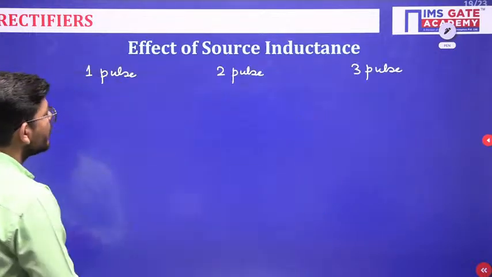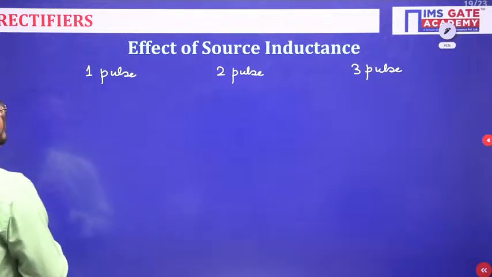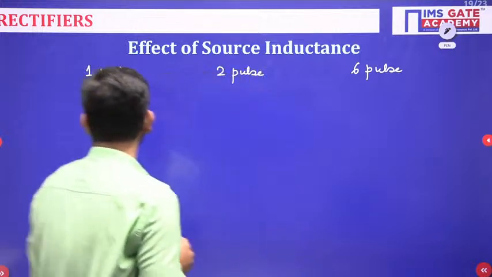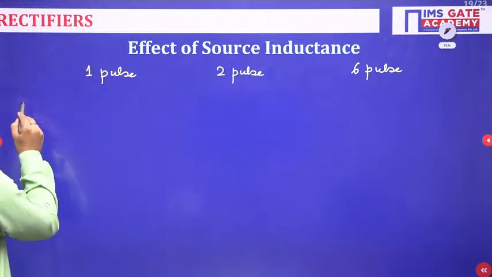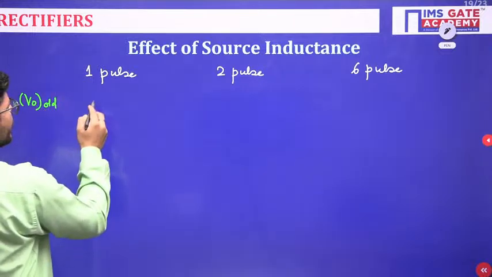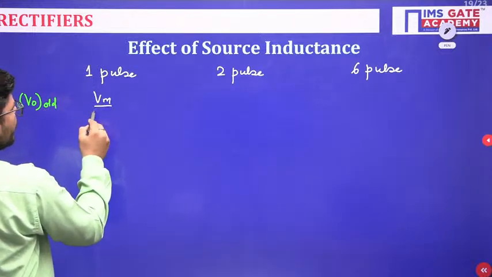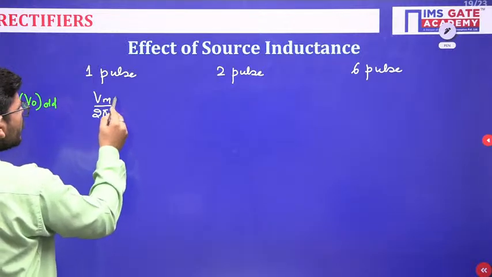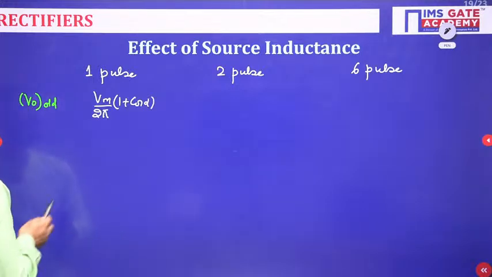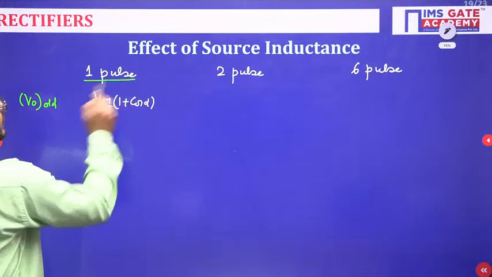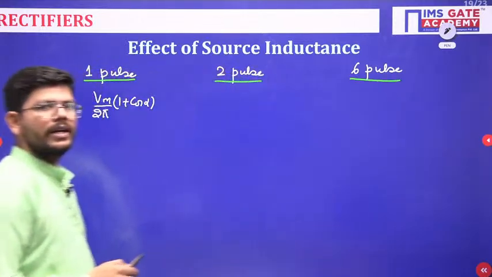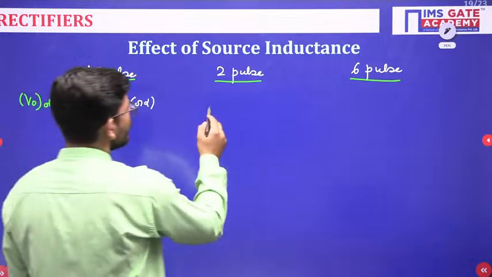Okay, so if I compare every converter here, single pulse, 2 pulse and 6 pulse, then what will be the values of these things? So first of all, let me write V naught old for each case. Let us consider single pulse, and if I am considering R load or RL load with freewheeling diode, any example I can take. Now what will be the formula here?